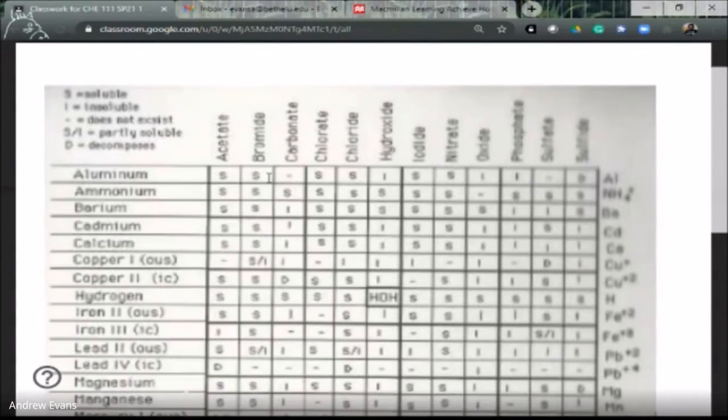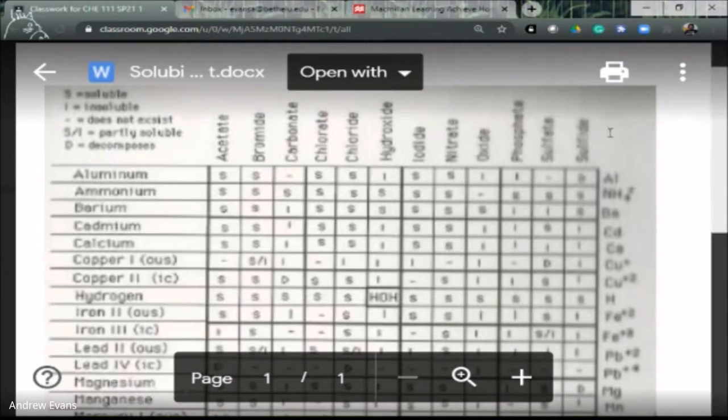Okay. And D means it would decompose, so we typically won't deal with those as well. But just looking at that, for example, I'm going to put this on the doc cam here in a second.